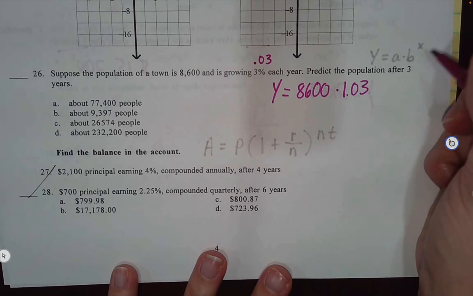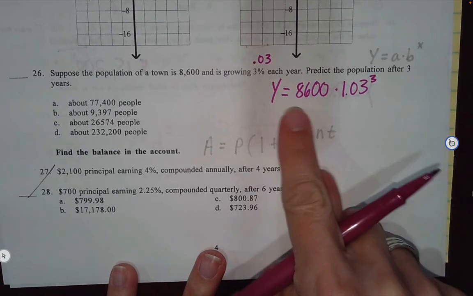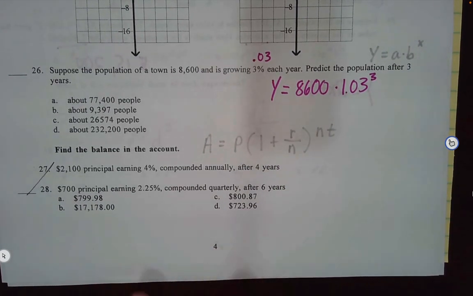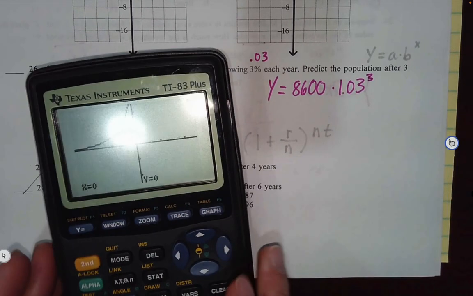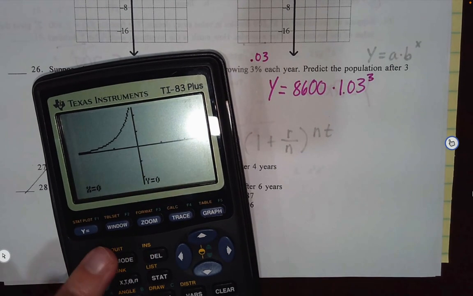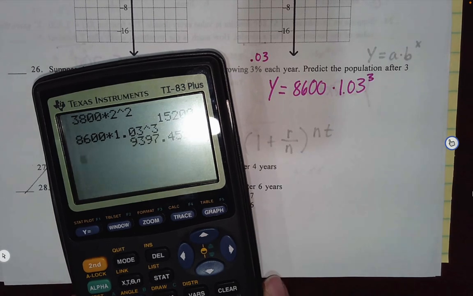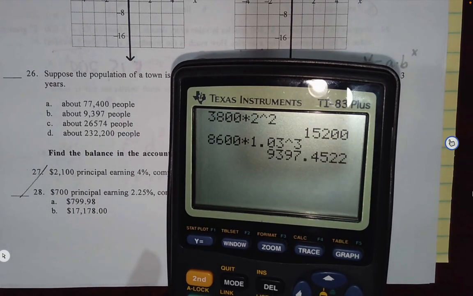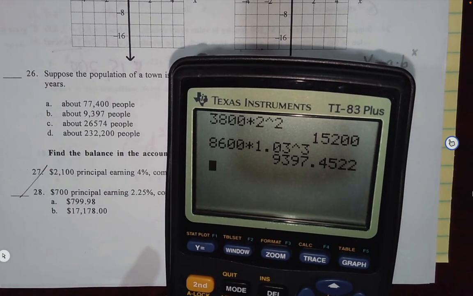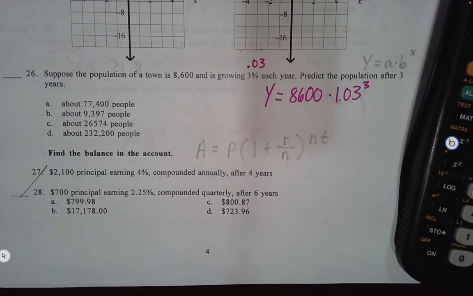Instead of X up here, I'm going to put to the 3rd power. And I just type that in my calculator. You just have to know how to set it up. Let me quit that. I have messed up. Second quit. There we go. 8,600 times 1.03 to the 3rd. And do we see our answer? It looks like it's B. Yeah? Everybody got B?